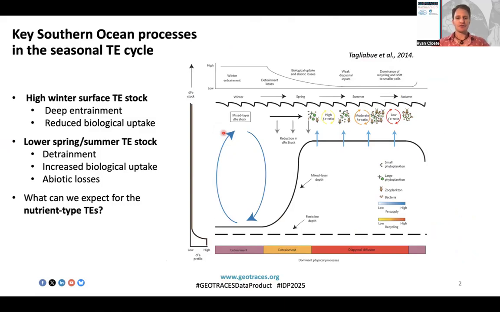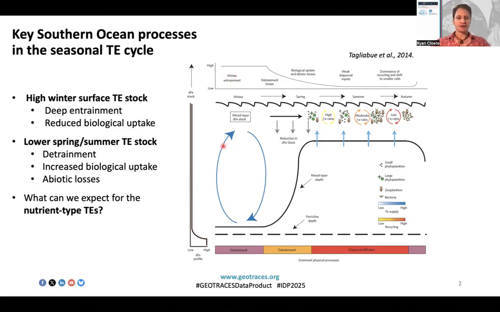I want to start off with a schematic of seasonal iron cycling in the Southern Ocean from Tagliabue et al. Many of us are familiar with this, but it really highlights the key physical, biological, and chemical processes that are at play when interpreting seasonal signals. Starting with winter, we have this high iron stock.